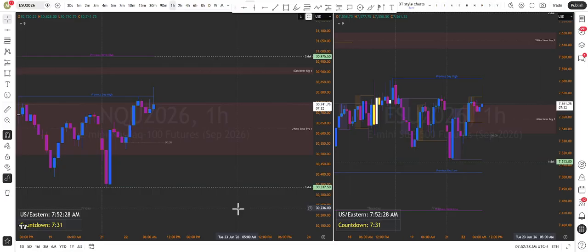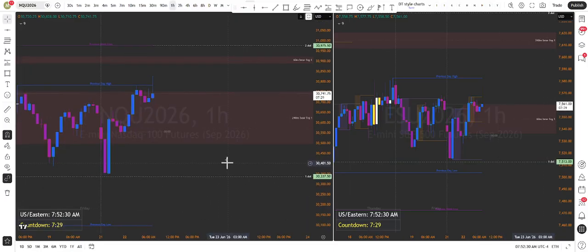I know I said earlier we could go down because of the daily SMT, because NQ has took daily high and ES has not. But the only thing about my trading, I will go short in a bearish fair value gap.